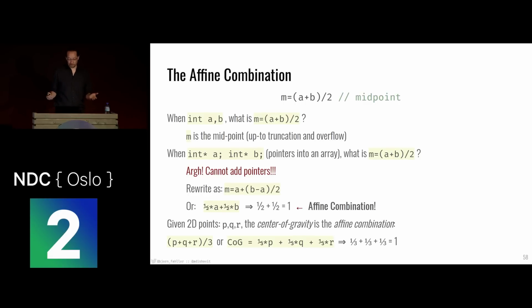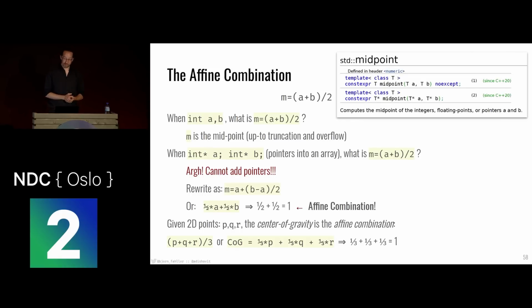One very popular example is calculating the center of gravity. Let's say we have 3 points, and this is not necessarily 2D points, it could be points in any dimension. If our weight is 1/3, then again we're getting the center of gravity of our point cloud, say.